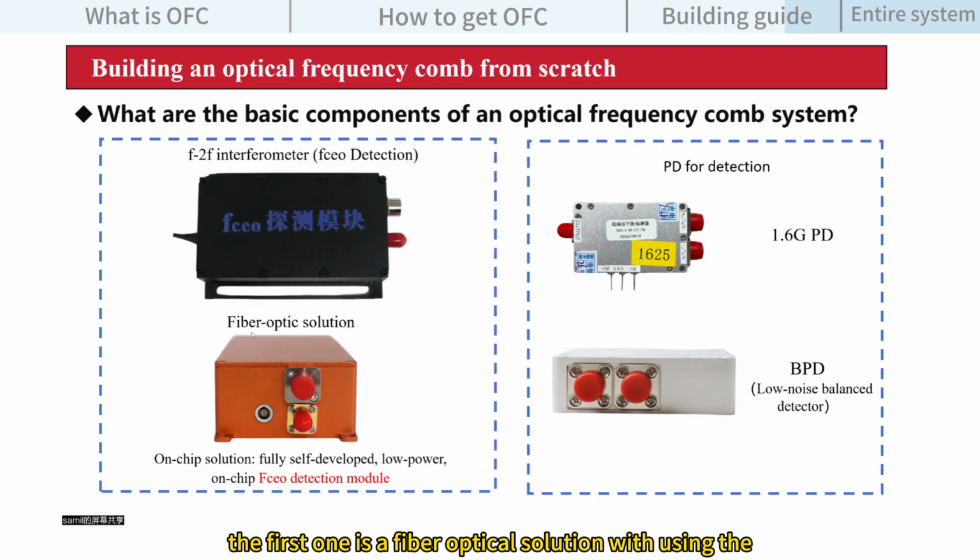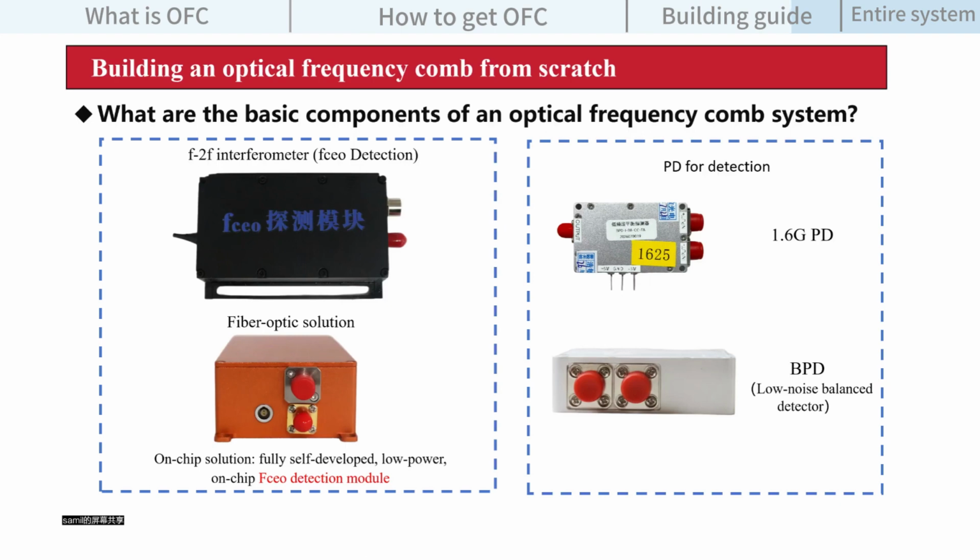The first one is the fiber optical solution, using the aluminum fiber to generate the octave, the so-called continuous spectrum. And the second is an on-chip solution. It's fairly self-developed and needs much lower power.